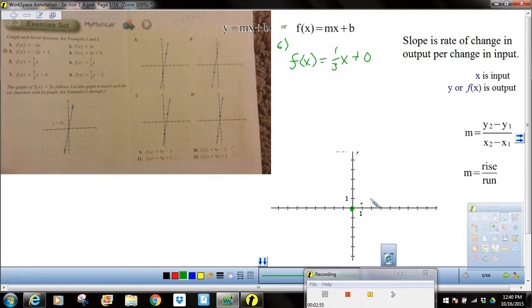Going up 1/3 is kind of hard to visualize, because there's no grid point, so it's hard to get it on there. So what we can do is go up the top number and over the bottom, because slope is rise over run. Up 1, over 3.